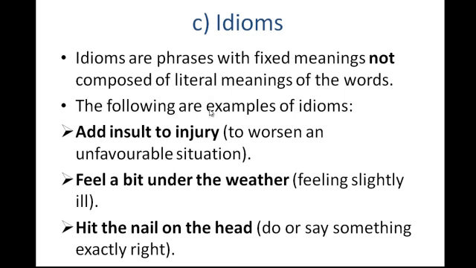So these three examples, metaphor, anomaly, and idioms, are contrary to what the principle of compositionality talks about: that the meaning of a sentence may be determined by the meanings of the words, especially the literal meanings of the words in conjunction with the syntactic organization. It is possible to derive the meaning of a sentence without necessarily taking into consideration the literal meanings of the words, as we see in idioms, in metaphors, and also anomalies.